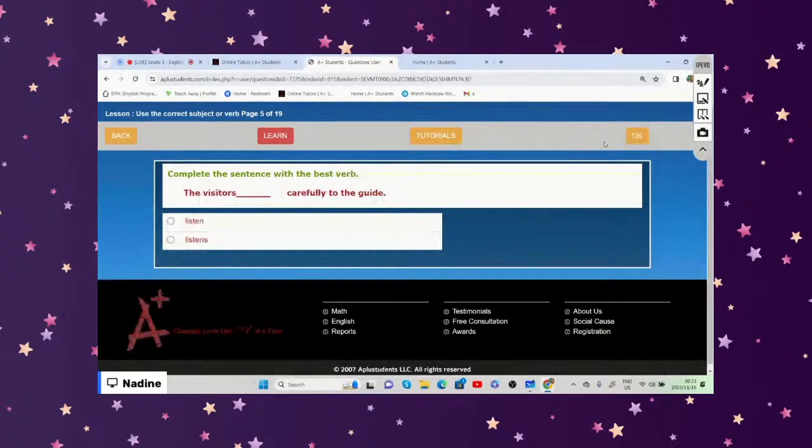And then the visitors, do they listen carefully to the guide or listens carefully to the guide?